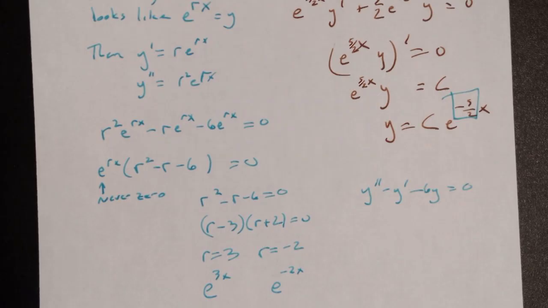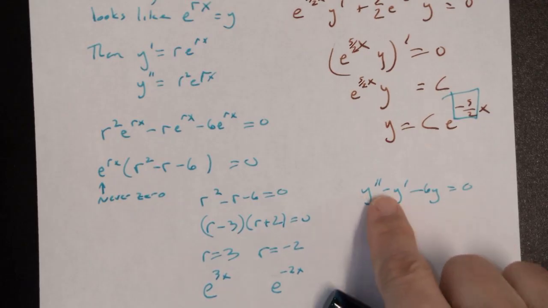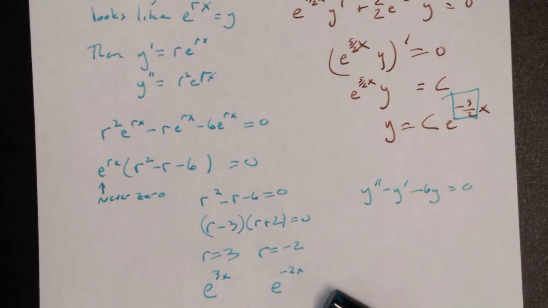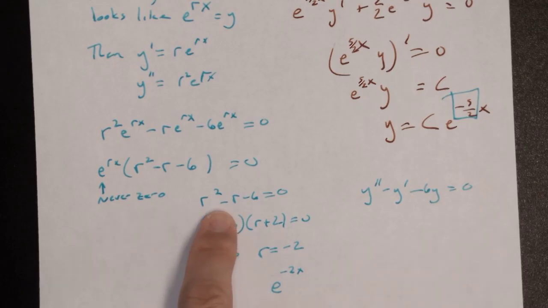When I have constant coefficients, dealing with a second order differential equation just became dealing with a quadratic equation. Solving a second order differential equation with constant coefficients, numbers in front of all of those powers of y, derivatives of y and y, became solving a quadratic equation.